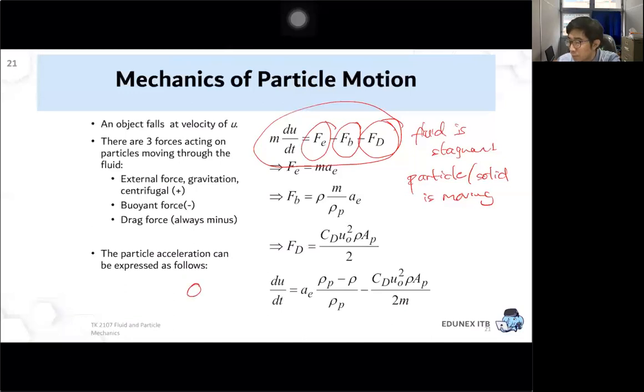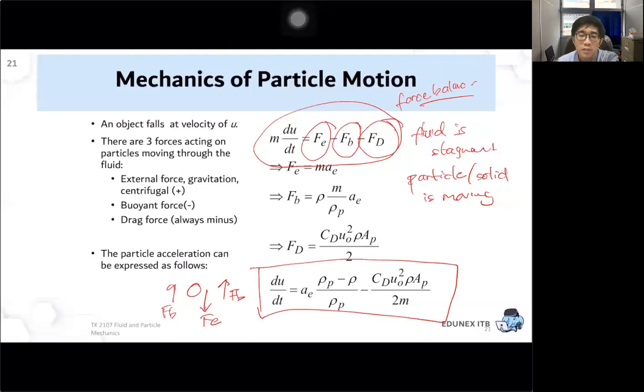The weight force will be in the downwards direction. This is the weight force or external force. It can be influenced by gravitation, hence the name weight force, but it also can be influenced by the centrifugal force. So this is the downward direction, but the buoyancy is upward, and the drag force is also upwards.